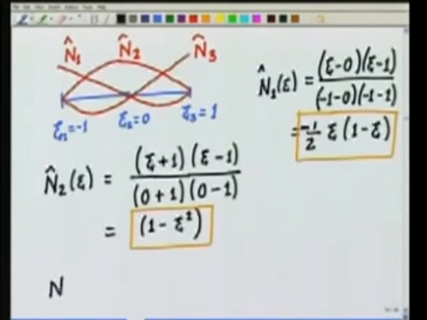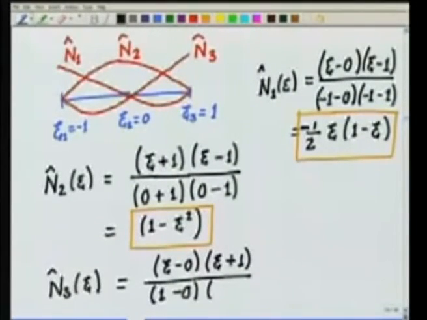Similarly, the n3 hat psi will be equal to, if I go ahead and do the same job, psi minus 0 into psi plus 1 divided by 1 minus 0 into 1 plus 1. So this is going to be equal to half of psi into 1 plus psi.